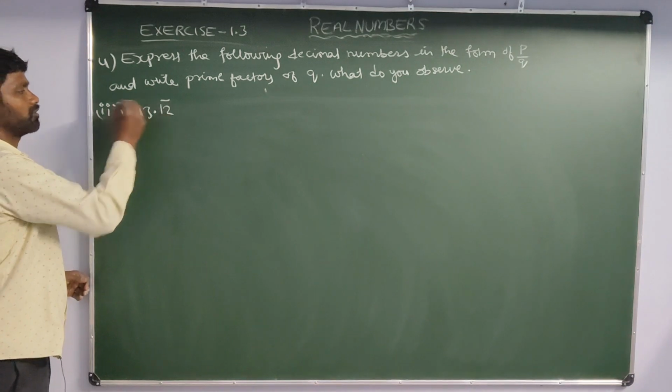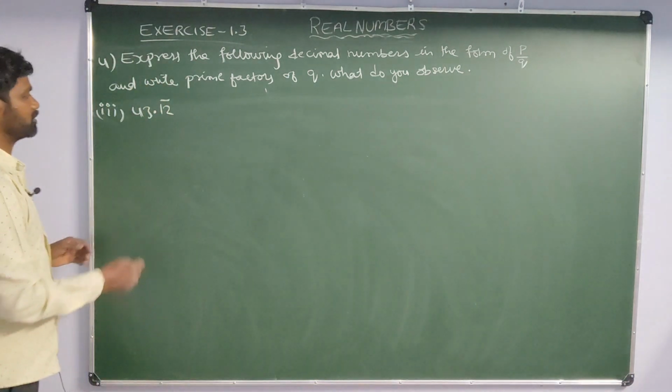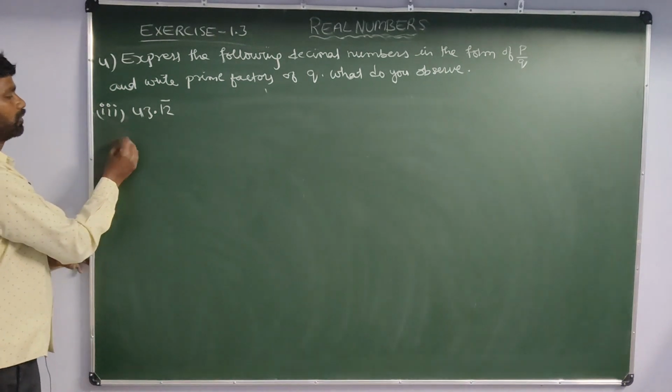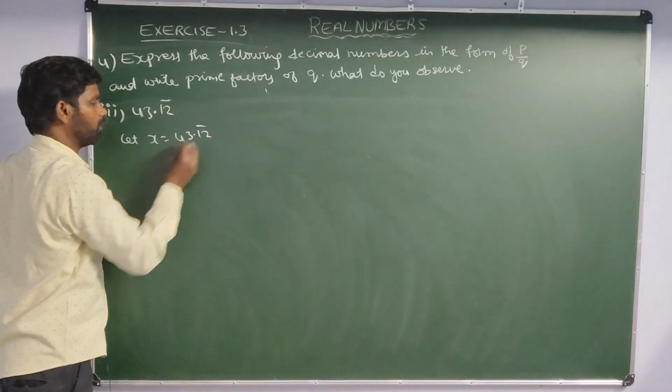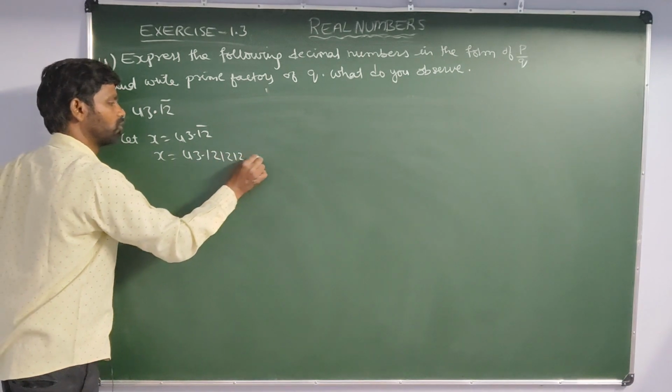So you have solved this type of question in your earlier classes, 8th and 9th class. Let us solve that question. Let x is equal to 43.12 bar, that is 43.1212 and so on.